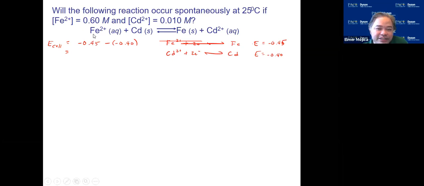So how will I write the E cell? Is it like this, or am I going to put this one in front and this one behind? Anyone? You can type your answer, each of you: as written or swap. Did I write it correctly, or do I need to swap the values?